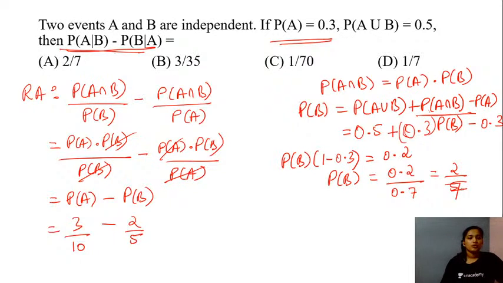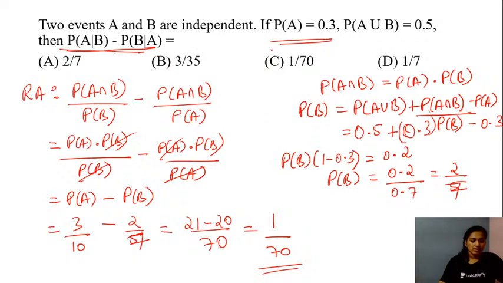So this is 2 by 7 here. Right? So now the LCM here would be 70 if I am not wrong. So this would be 7 times 3, which is 21, minus 10 times 2, which is 20. So you have the value as 1 divided by 70 here. So the right answer for this question is option C. Okay, 1 divided by 70.